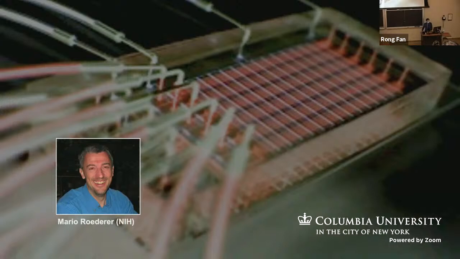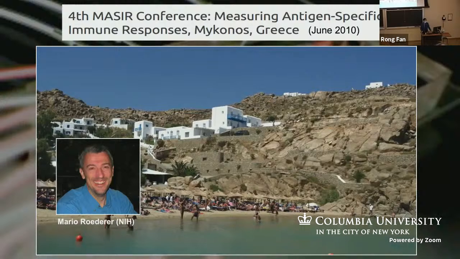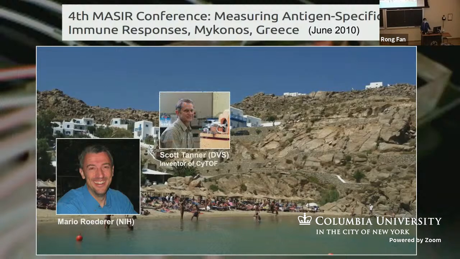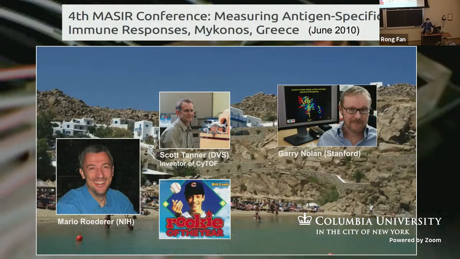And he invited me to a very nice conference in Greece. I don't know if anyone has been there, you can recognize this is Mykonos. At that conference, I was speaking back to back with Scott Tanner. And Gary Nolan was there, sitting in the second row of that conference room.